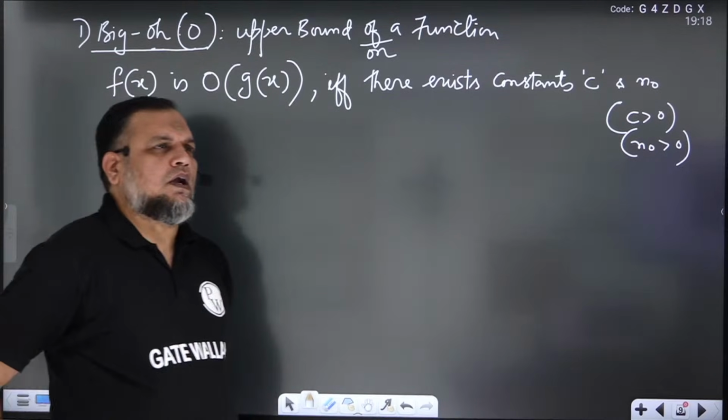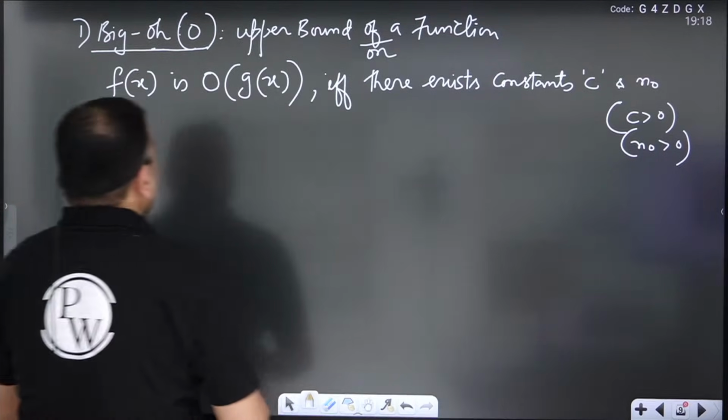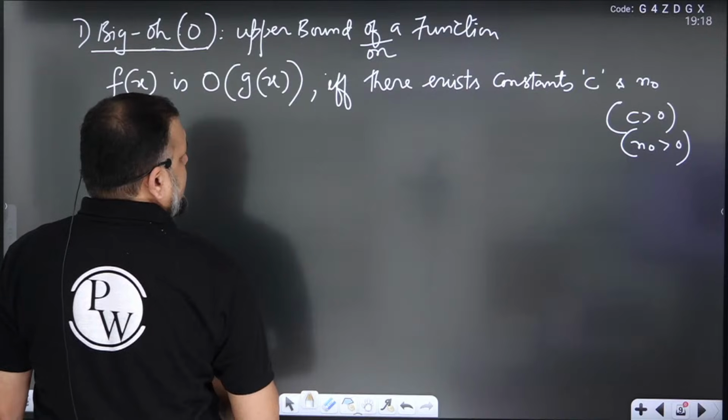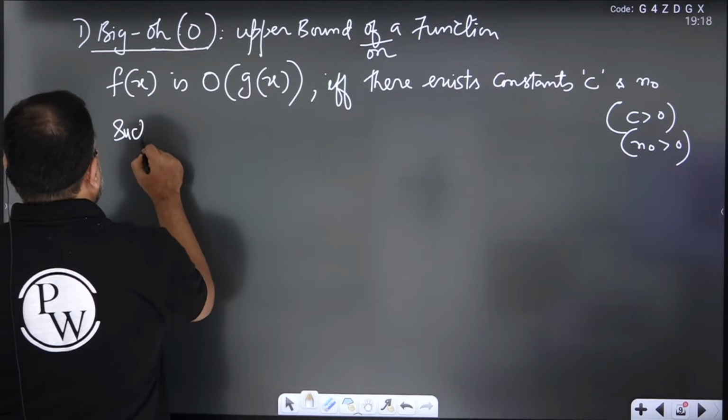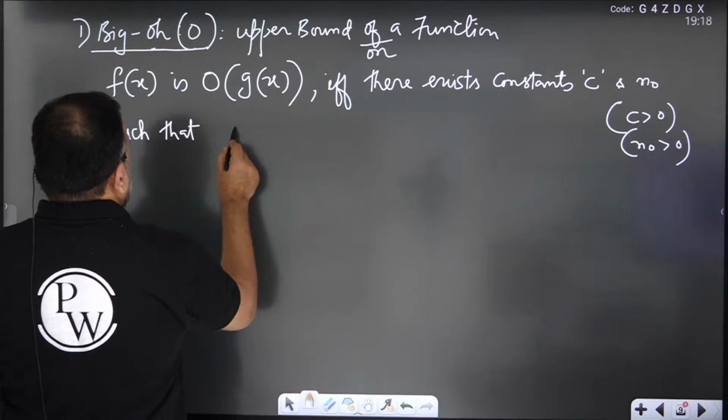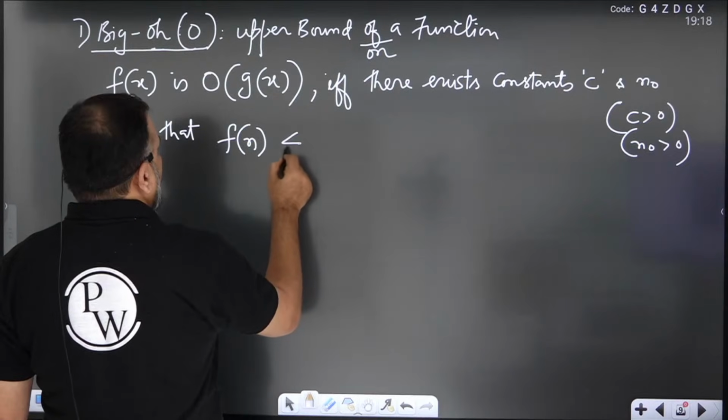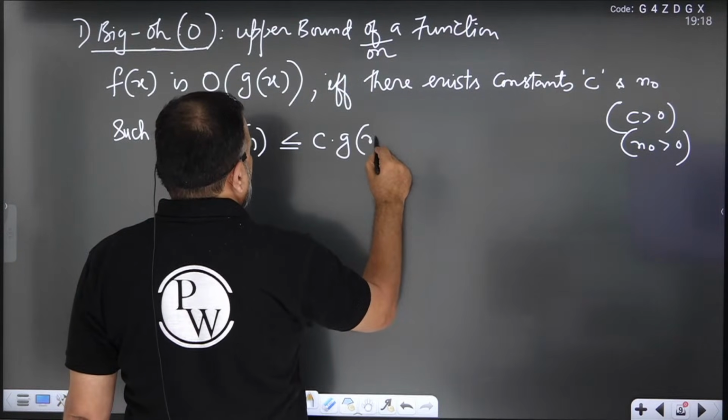What is the inequality to be satisfied? Very good. There exist constants c and n naught such that the value of the function f of n is less than or equal to c times g of n.